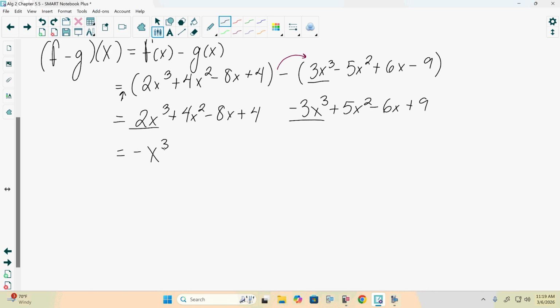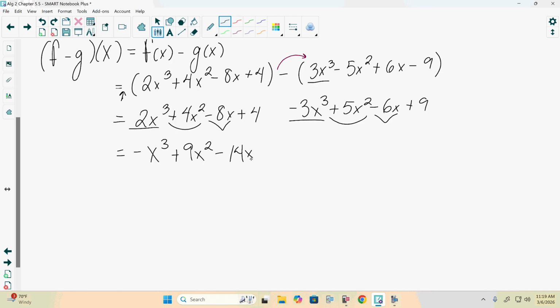Then we can go to the square terms. Then we'd have plus 9x squared. Our x terms, so we have negative 8x minus 6x. We'd have negative 14x.